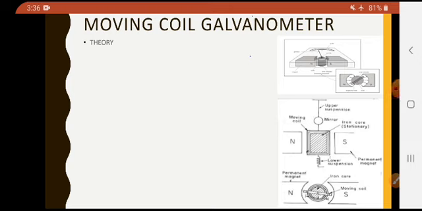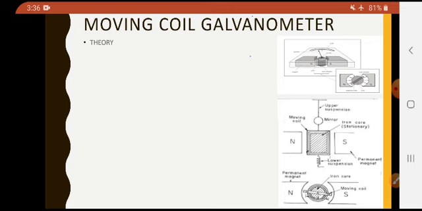This galvanometer is a device which cannot be used to measure the flow of large currents. It causes damage. A galvanometer is a sensitive device, therefore it cannot measure heavy currents.